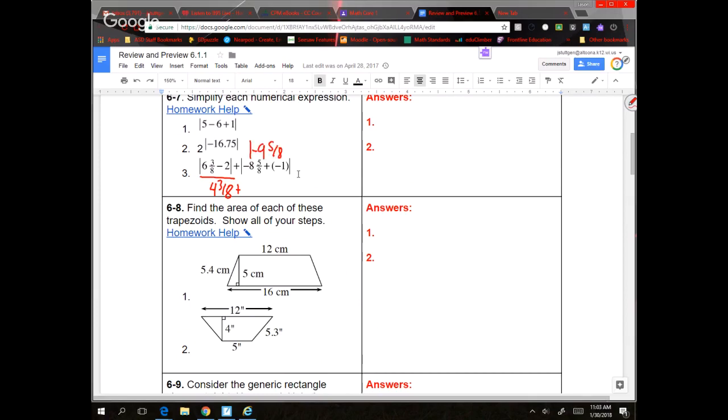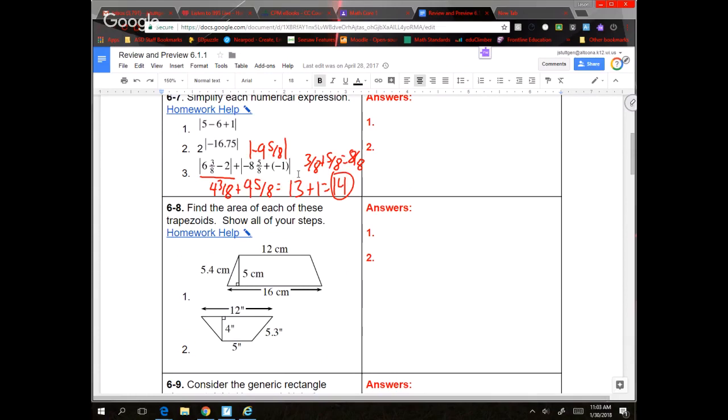But notice it's absolute value, so then that must mean it has to be positive, because absolute value is always positive. I'll add the whole numbers first. 9 plus 4, last time I checked, is 13. And 3/8 plus 5/8 is 8/8, which is also the same as 1 whole. So that one is a total of 14 for that last one.